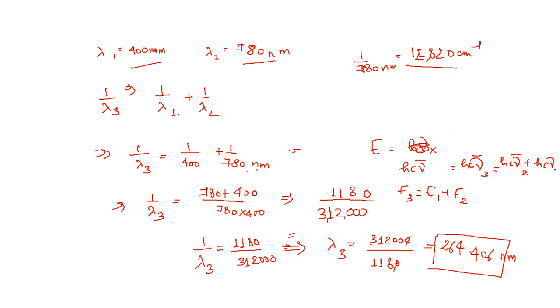HC will be cancelled, and therefore you will directly get nu 3 bar equals nu 2 bar plus nu 1 bar.